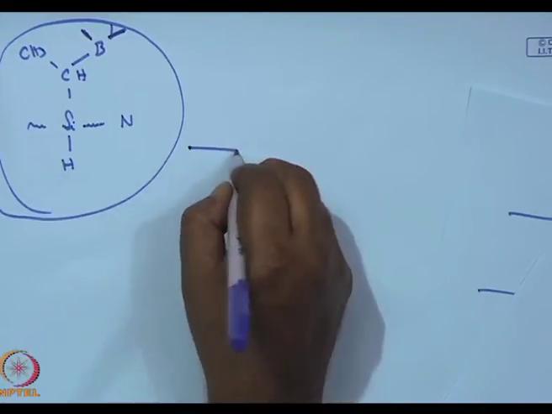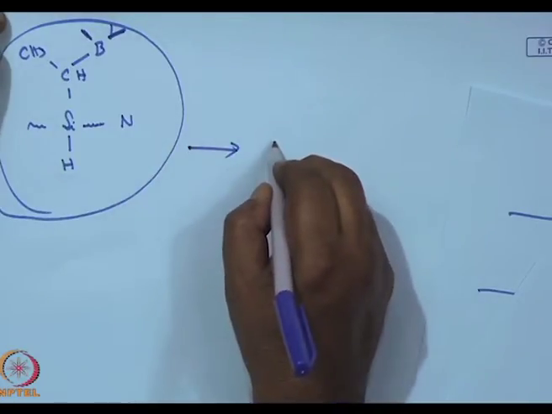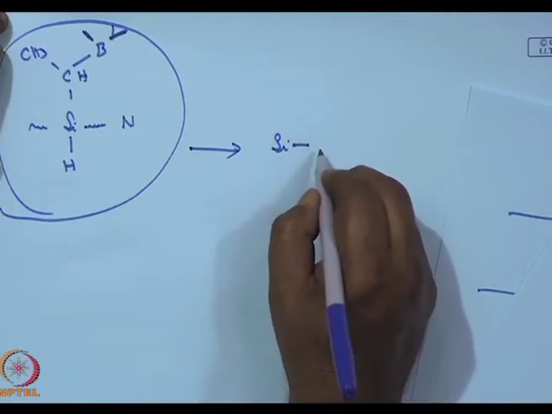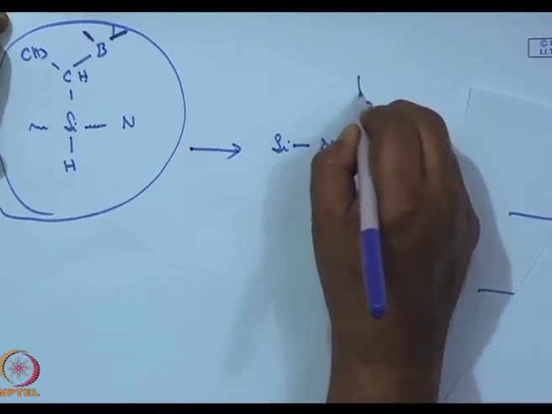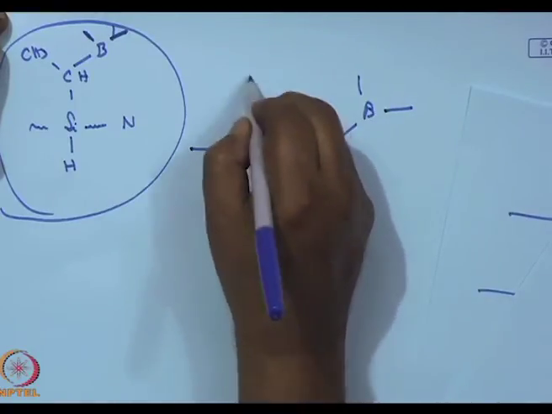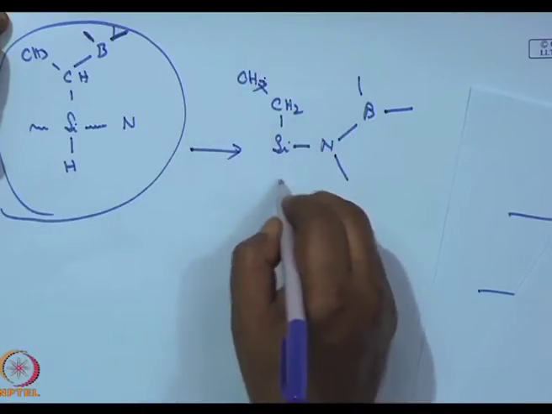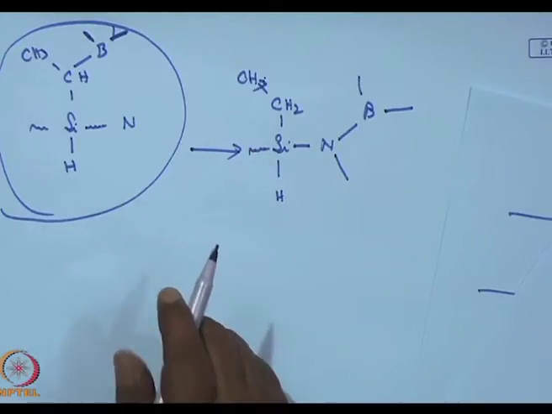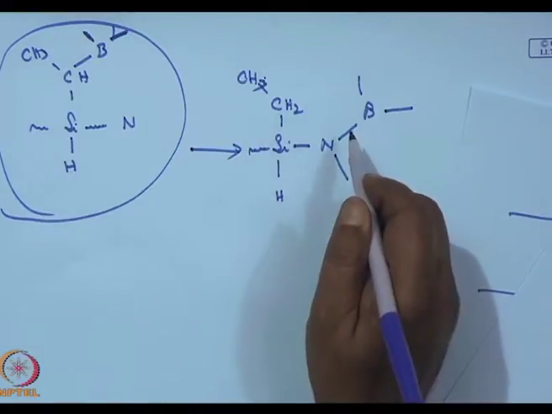This on pyrolysis would give me a structure like this, which has got silicon, nitrogen, carbon, boron.